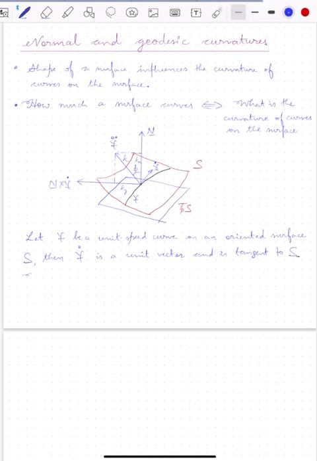Now, hence gamma vector dot is perpendicular to n vector. Right, and n vector is the unit normal.